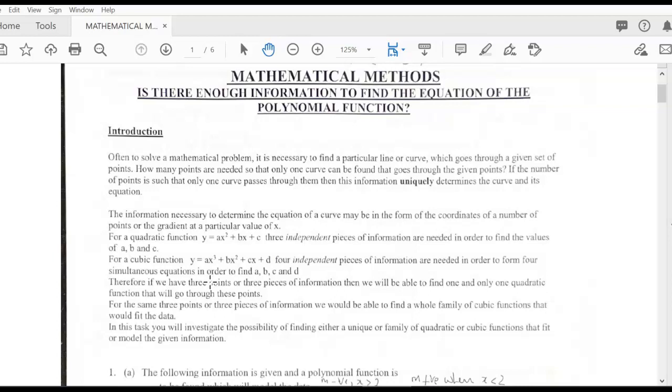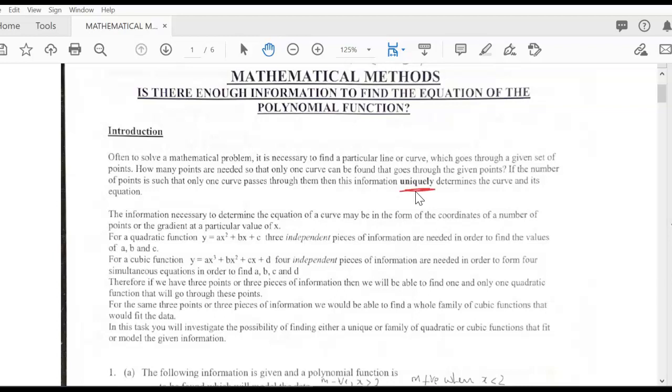That means you need either 3 points or 2 points and a gradient, in order to find the values of a, b, and c. If you didn't have 3 independent pieces, you wouldn't know what a, b, and c are, so you wouldn't have what we call a unique curve.